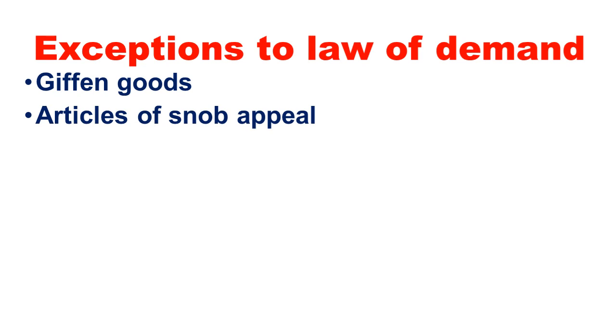That may be wearing a diamond or platinum, or else using a very luxurious car. It increases the prestige of the customer who uses that. So in certain kinds of goods, even if the price rises, quantity demanded will not decrease.